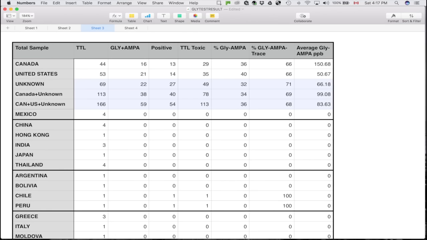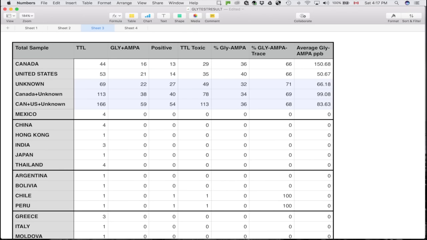And that might be a fair guess, but it is still a guess. So if I add up the unknowns and Canada together, then the total number of samples becomes 113 as compared to 53 of the United States. This seems logical to me, that we should have twice as many foods originating in Canada if you are taking samples from Canada.